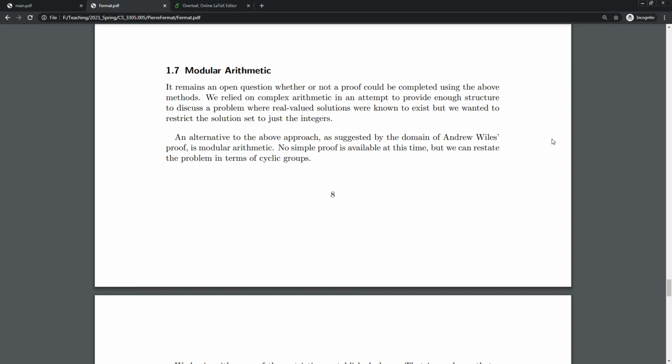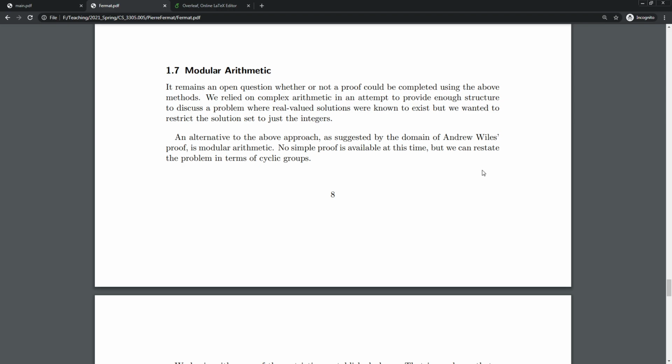So Andrew Weil's proof, from what I understand, relied on modular forms and semi-stable forms of elliptic curves, which is a bit beyond me at the moment. And so I had hoped to generate something that would be a little more intuitive, that we could understand, but it perhaps fell short in that regard.